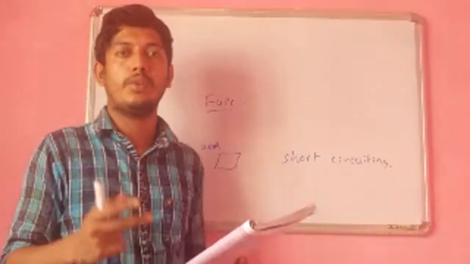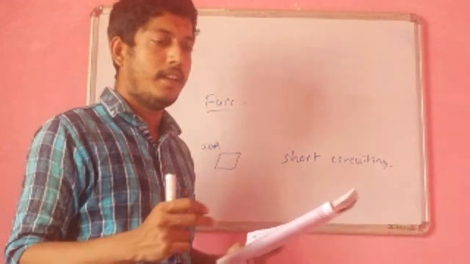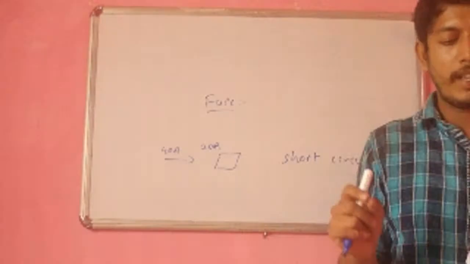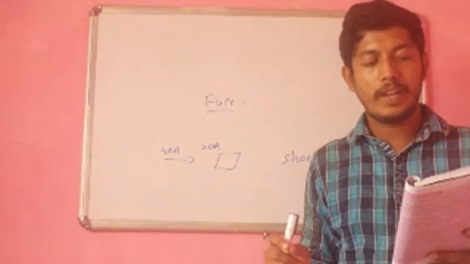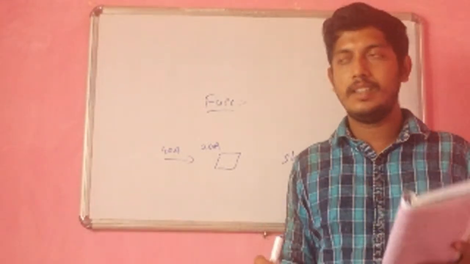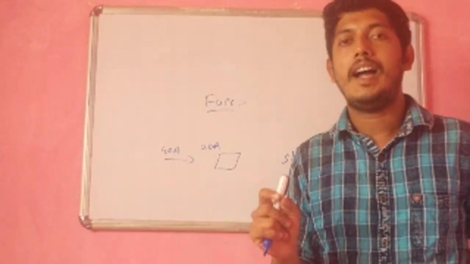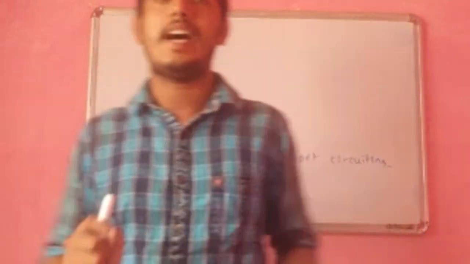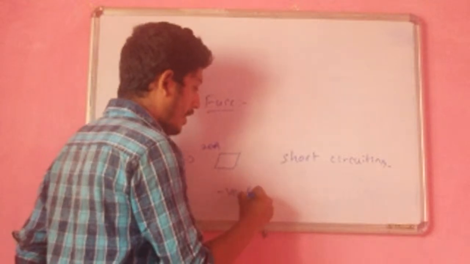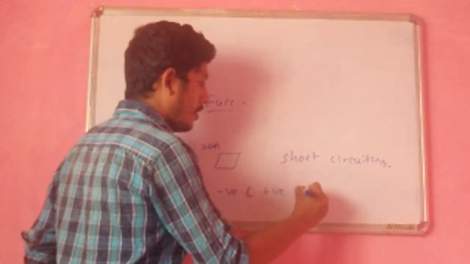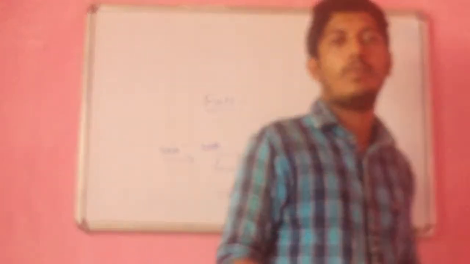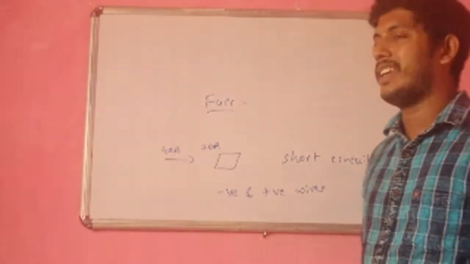If current in the circuit increases, then it is overloading. Overloading can occur when the live wire and neutral wire come into direct contact. So one reason is the live wire and neutral wire come in direct contact. That means negative and positive wires come in direct contact, then what happens? The overloading happens.